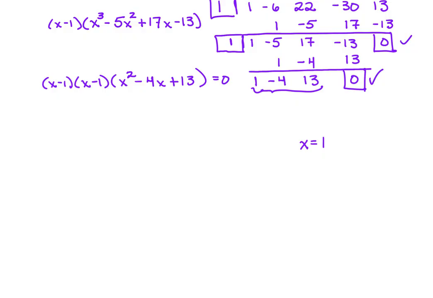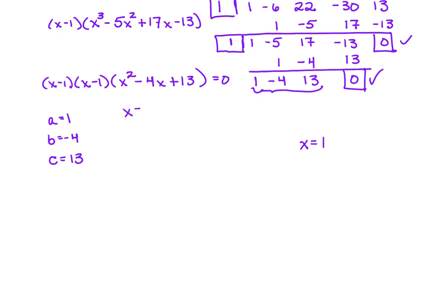Now we want to go ahead and try to break down our x squared minus 4x plus 13. This does not factor, and so we do need to use the quadratic formula. We have a equals 1, b equals negative 4, and c equals 13.